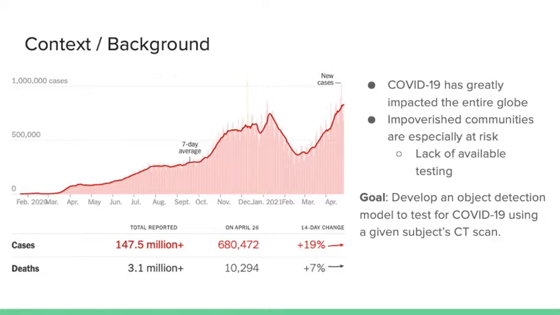Communities of lower socioeconomic status are especially at risk, and there's a clear struggle for physical resources like test kits, vaccines, etc. An image detection model could be really efficient in consuming resources because it doesn't need any physical swabs or containers, and it can at the same time keep so many more people safe.